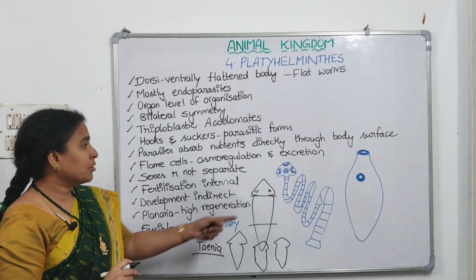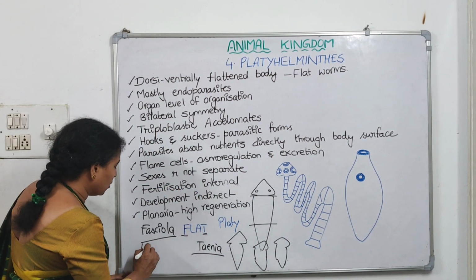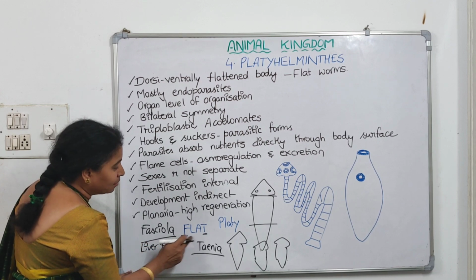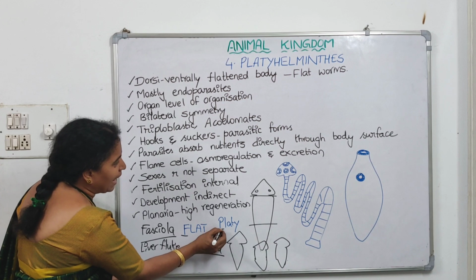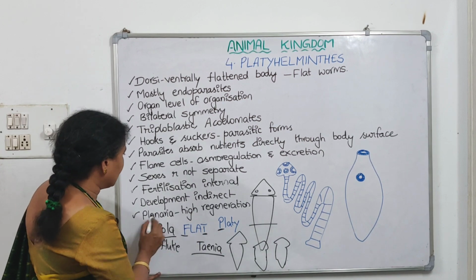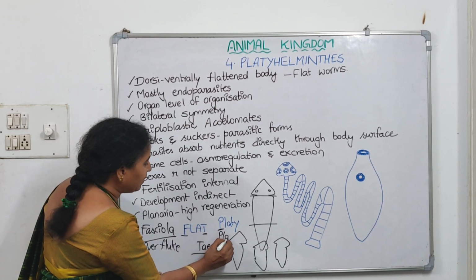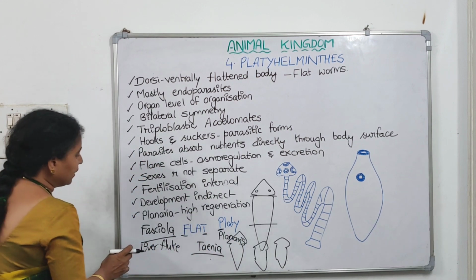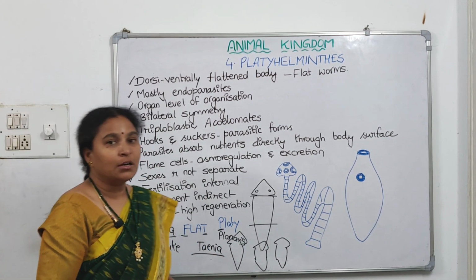With F, we should remember Fasciola, which is called liver fluke. And so the phylum is Platyhelminthes. With P, you should remember planaria. With T, Taenia. And with F, it is Fasciola or liver fluke.